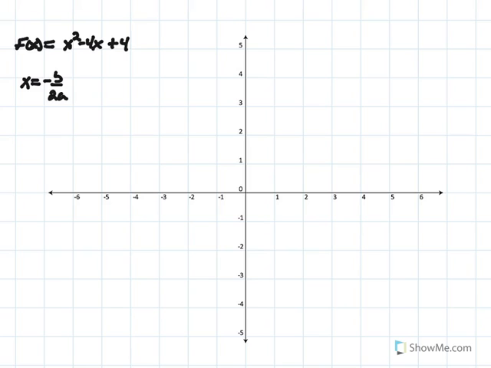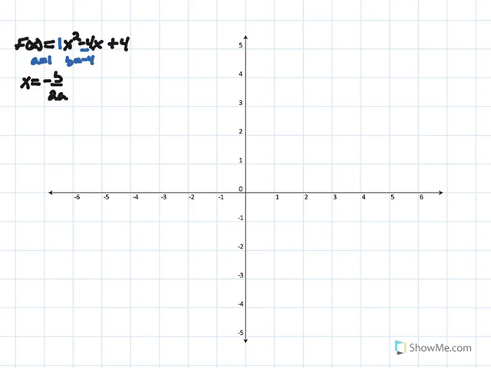The first thing we want to do is determine what the a and b coefficients are. Remember, the a coefficient is in front of the x squared. So my a is going to equal 1 in that case, because there's an imaginary 1 over here. My b coefficient is going to be this guy, so b equals negative 4.